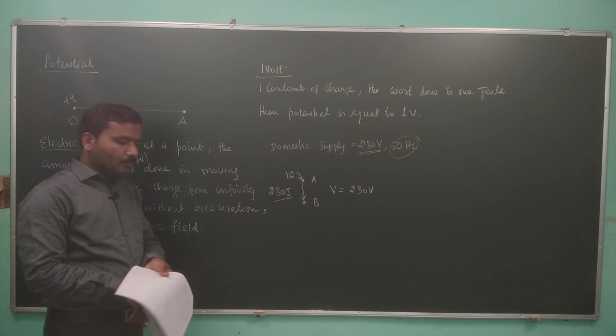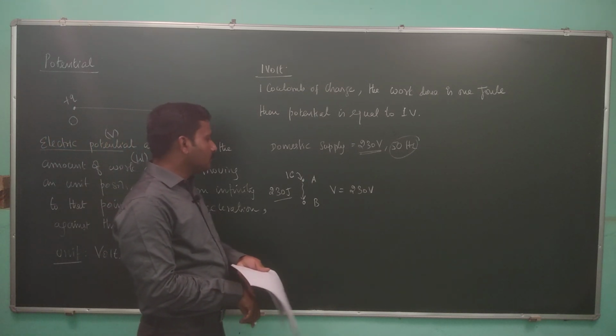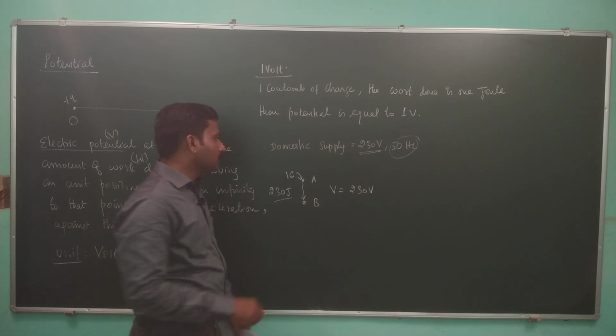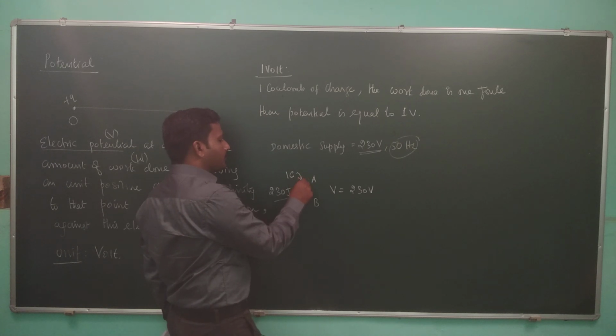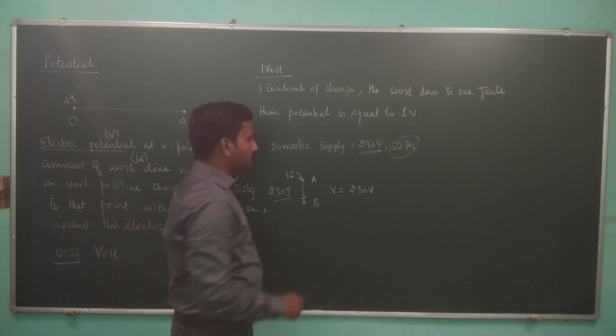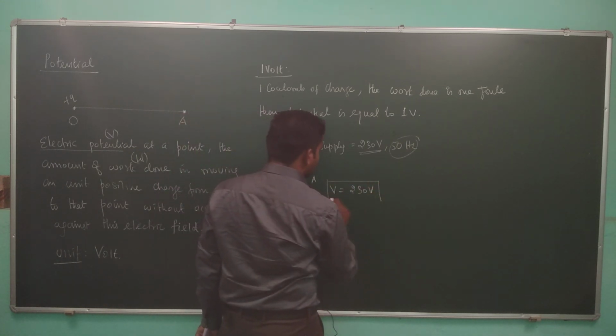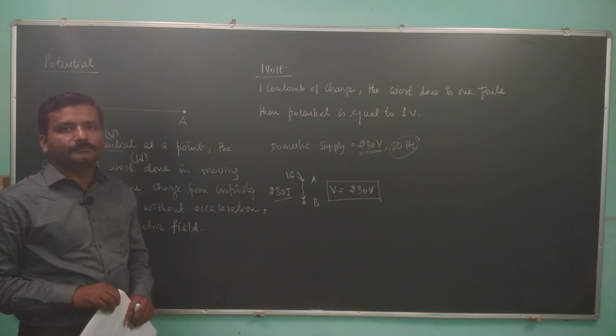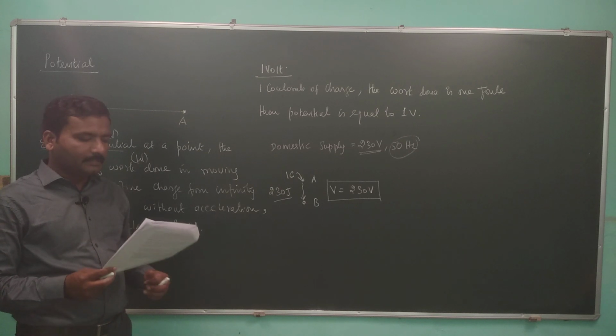If 1 coulomb of charge requires 230 joules of energy in order to bring this charge from point A to point B, then this potential will be said to be 230 volt. Right? In that way you can understand.